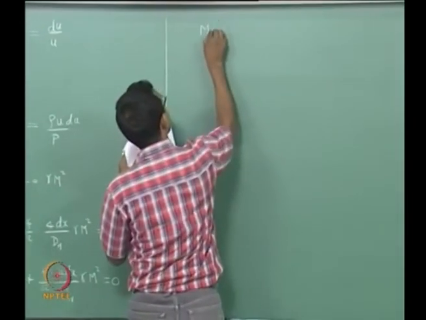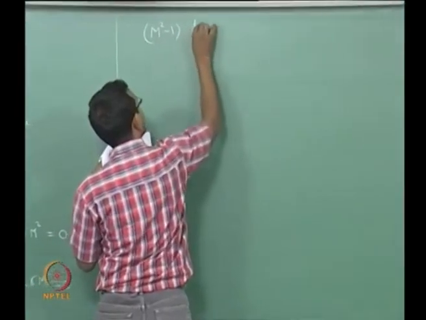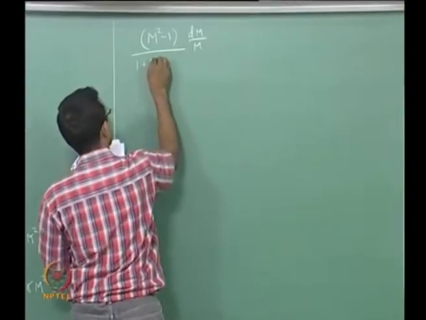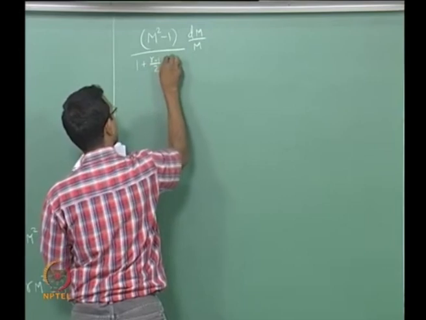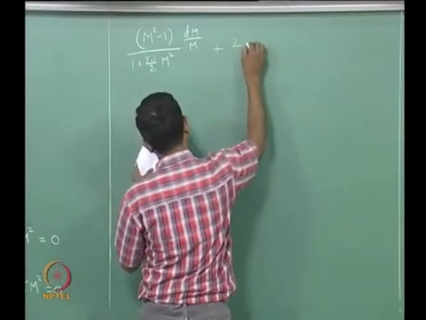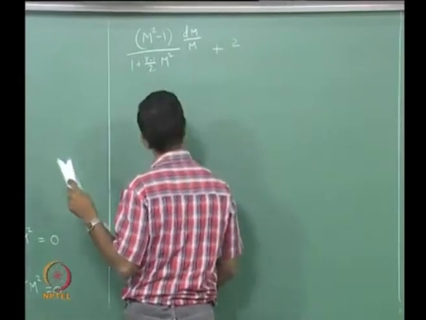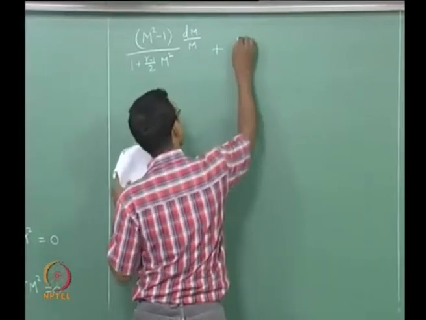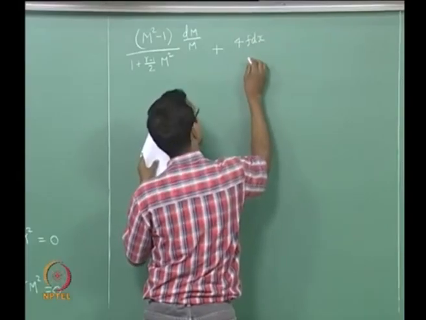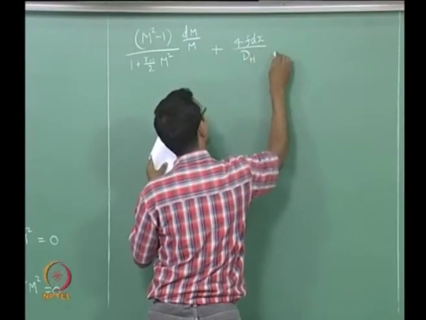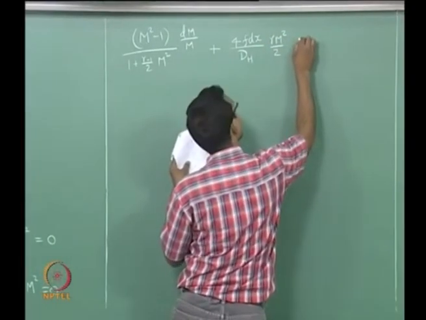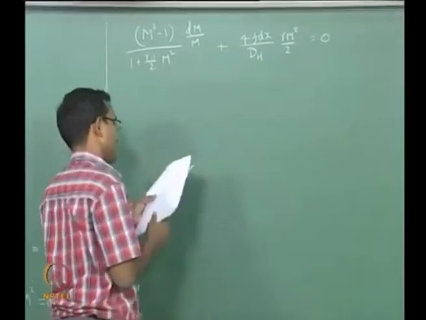So it comes out to be M square minus 1 times dM by M divided by that term in that dM by M expression, plus, actually I will write it the same form we did, 4f dx by D_h times gamma M square by 2 equal to 0. This is the expression I have.